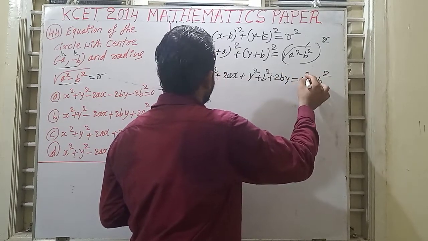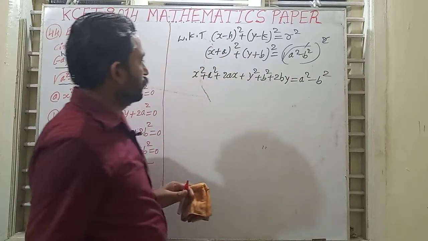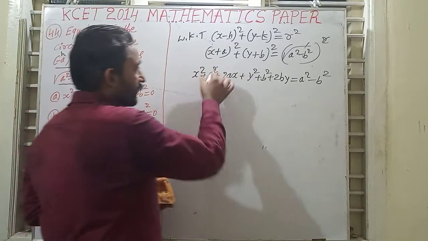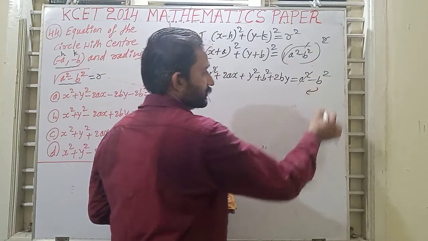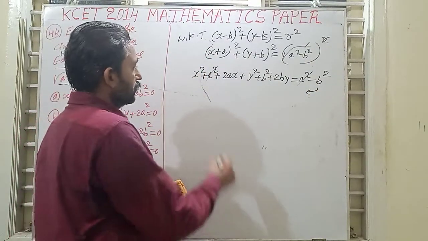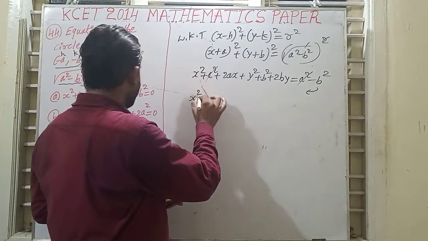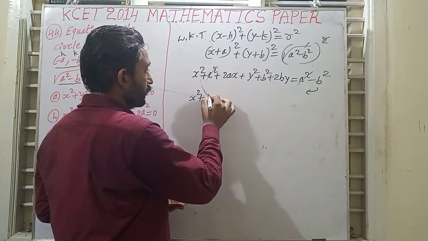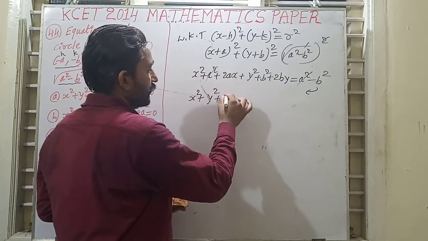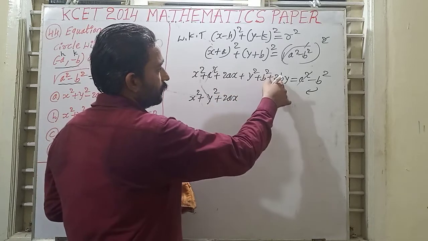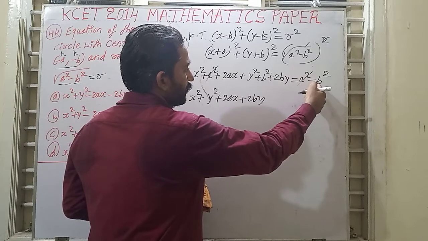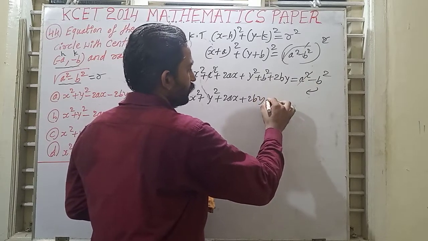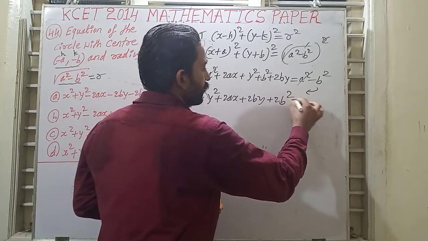In this case a square on the left hand side and right hand side have the same sign and cancel each other. So remaining minus b square on the right hand side moves towards the left hand side. Now x square plus, in the same way, y square plus 2ax plus 2by. So plus b square, here also plus b square, it becomes 2b square equal to 0.